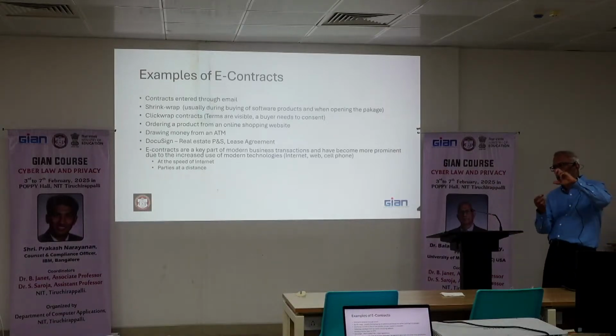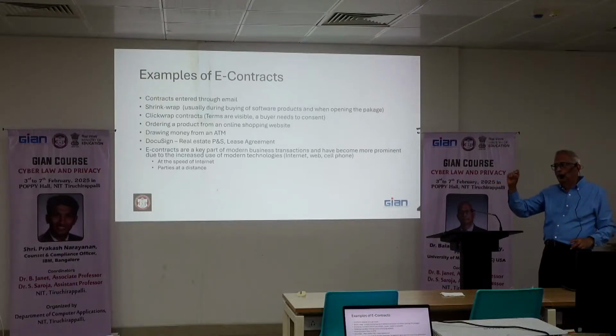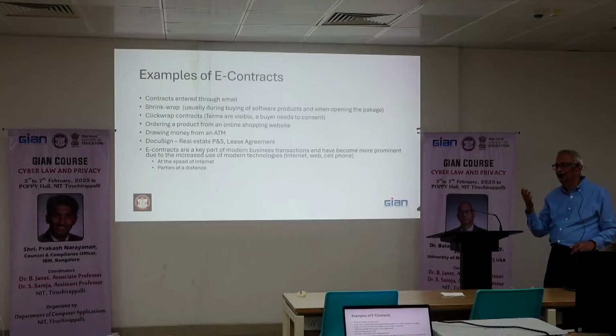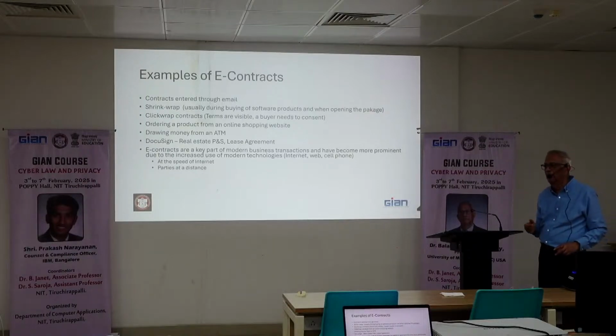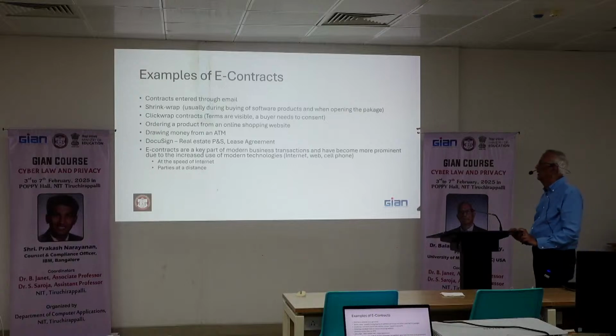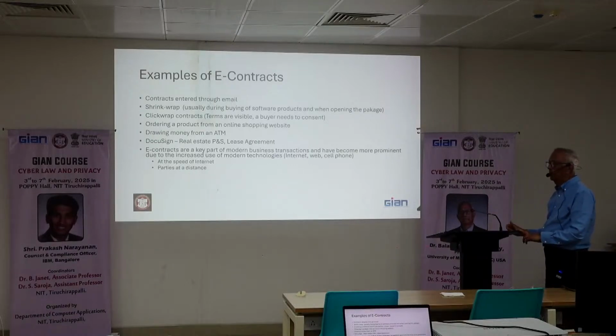Usually with shrink wrap, in the CD there will be a contract in small print. I don't know how many of you can read it because it will be size 6 or 10 at most, very hard to read. You need a magnifier. Then there is the click wrap contract, which you normally do online.